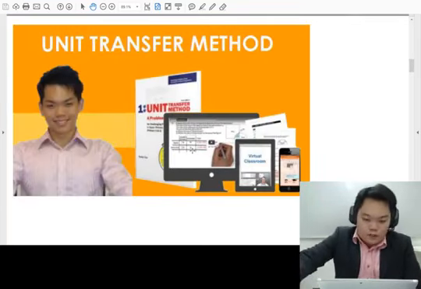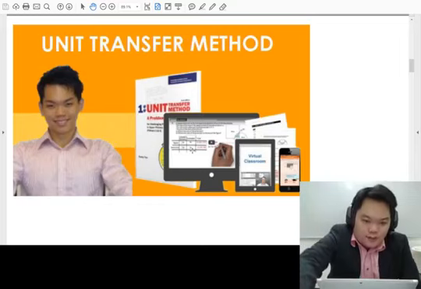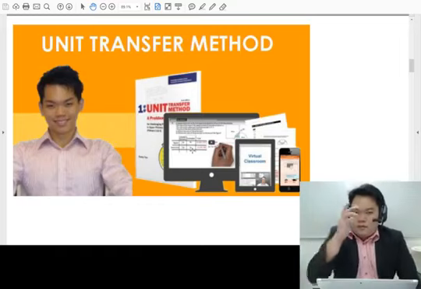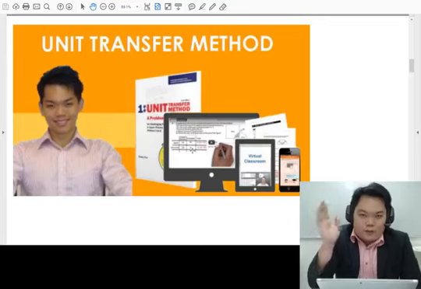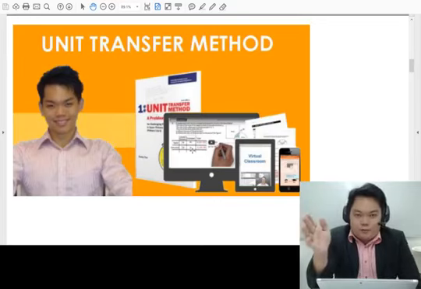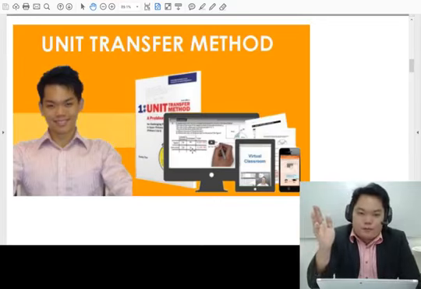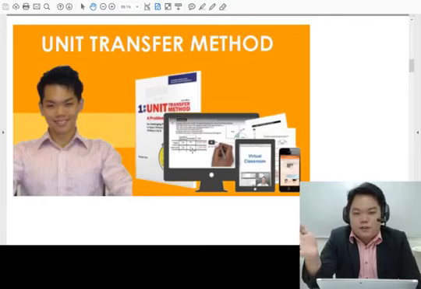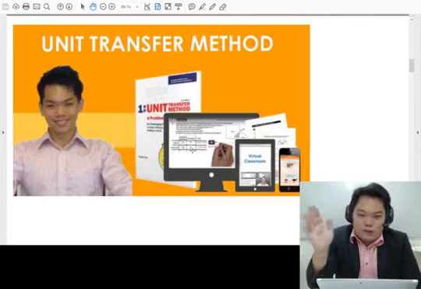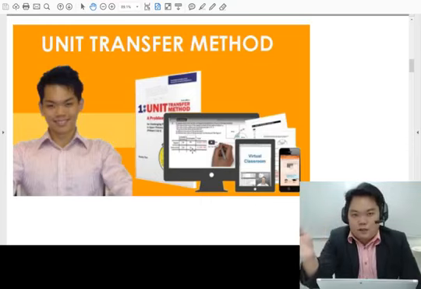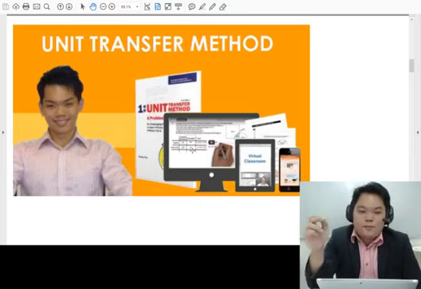So introducing the unit transfer method. Now it is a common practice for parents to jump online and seek help for particular maths problems through forums, social media, and other means. But you will receive many responses, some of them claiming their methods to be the fastest or the shortest in solving particular maths problems.